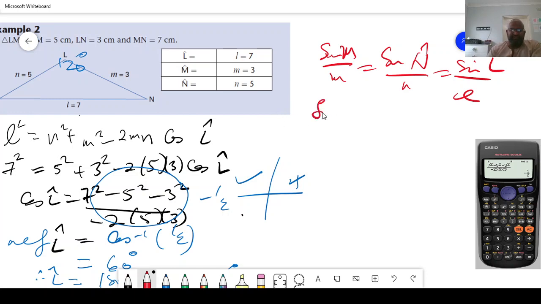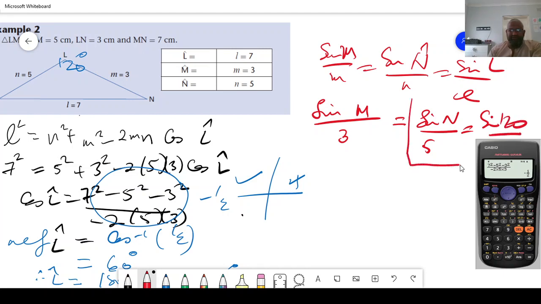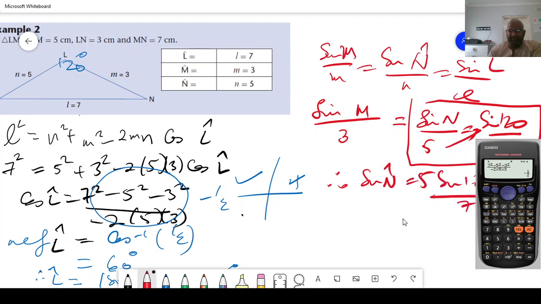So you got sine m, unknown, over m, which is 3, equals sine of n, which is unknown, over 5, equals sine of L, which is 120, over 7. So I'm going to work with that there. Take 5 up. Let's say therefore sine of angle n is equal to 5 sine 120 over 7.